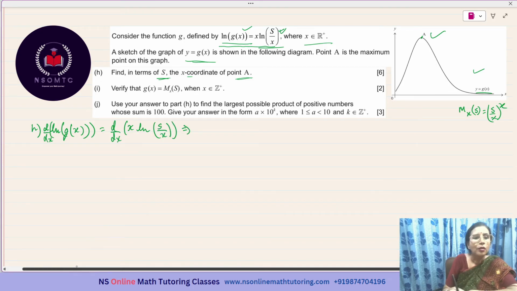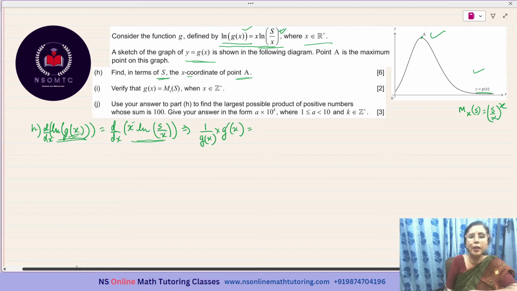This is a composite function, so first it will be 1 over g of x, and then you have to differentiate g of x, so it will be g dash x, the first derivative of g of x. On this side we have to use the product rule.